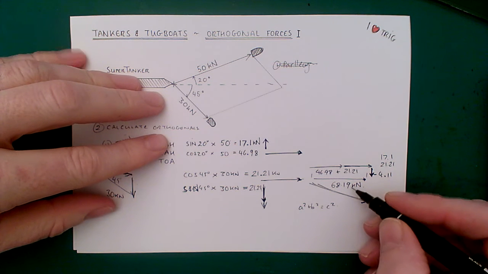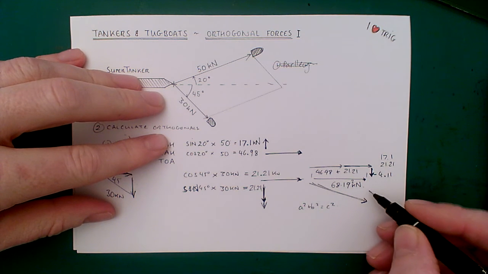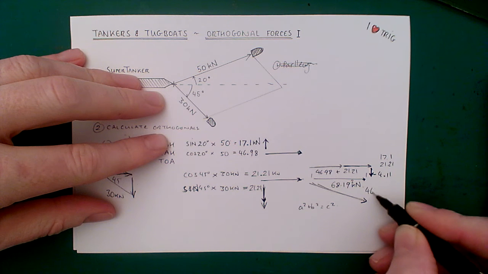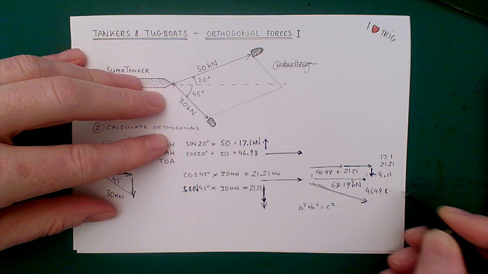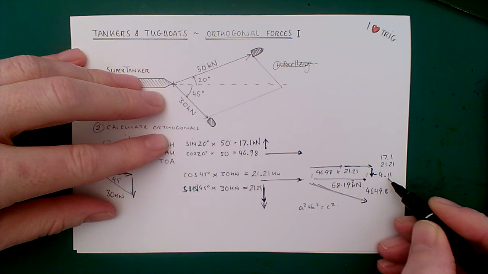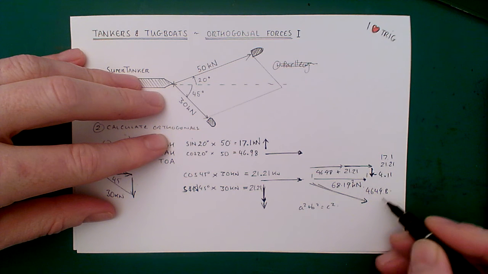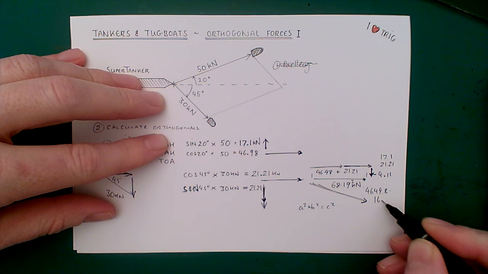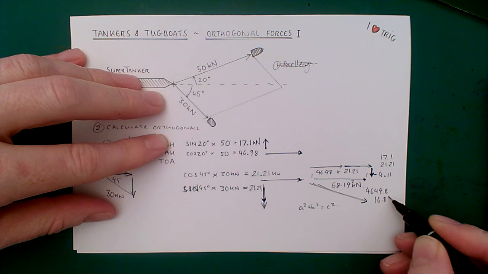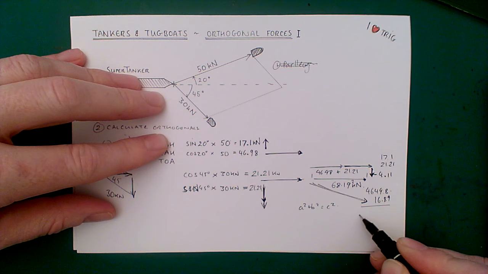So we've got 68.19 squared, 4649.8, plus 4.11 squared, which is 16.89.